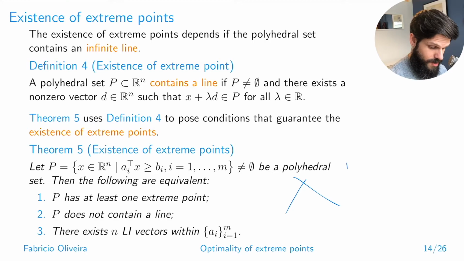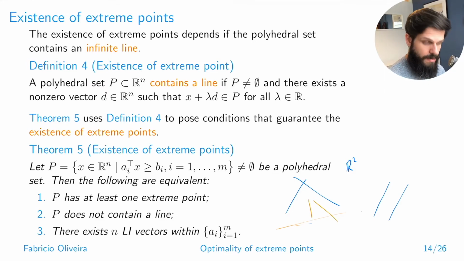Because we are in R2, right? As soon as you have two hyperplanes that are not parallel, they are going to intersect at some point. And once they do, there's no way you can contain a line anymore. There is no line you can draw in this direction, or even in that direction, that would be contained. And because you now have a vertex, you have an extreme point.